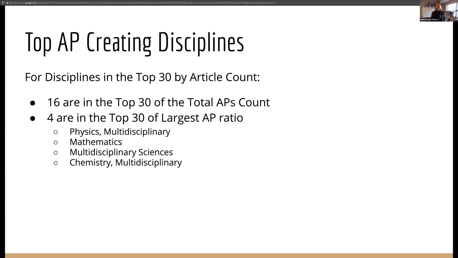Only 4 of those 30 are in the top 30 by largest Awoken paper ratio, though. The 2 that we already knew, physics multidisciplinary and mathematics, and then multidisciplinary sciences and chemistry multidisciplinary. One of the findings of that original paper was that interdisciplinarity and multidisciplinarity does seem to generate a larger number of Awoken papers. So that does seem to hold here as well, and I have more examples of that later.